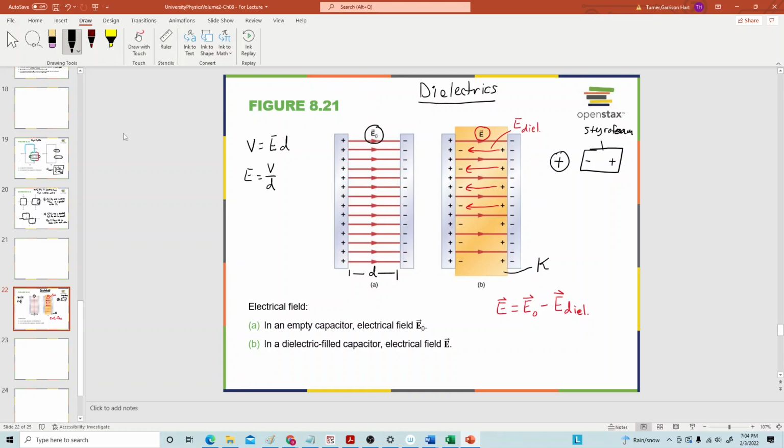So remember that the capacitance for parallel plate capacitors had that equation that governed how to calculate the capacitance based on the geometry. So what we do is insert a kappa into this equation.